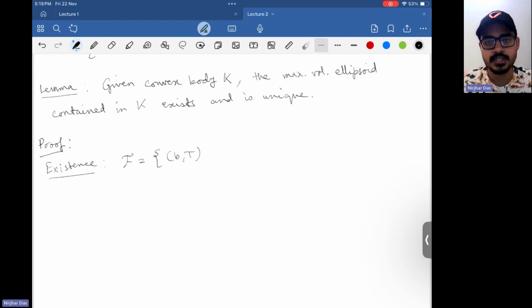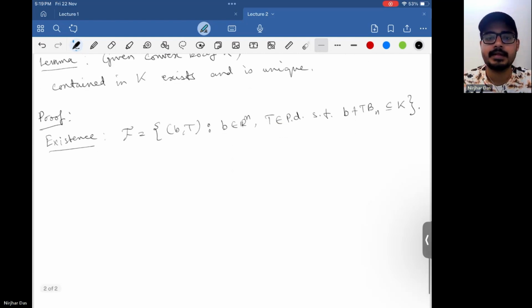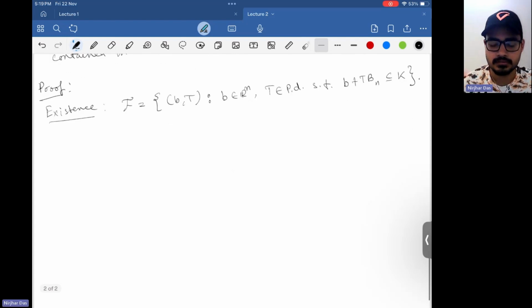Note that these ellipsoids are parameterized by a vector B and a positive definite matrix T. Therefore, it suffices to write the set in this form: pairs (B, T) with B in Rn and T positive definite, such that the ellipsoid B plus T of Bn is a subset of K.